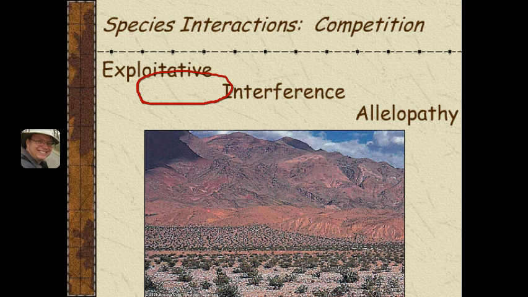But if one of them is better adapted, if one of them is more efficient, if one of them is better at using the resources than the other, then we say that that one species, the one that's better, can exploit the niche better than its competitor, and whichever species can exploit the niche better, more efficiently, that's going to be the one that gets to stay. And the one that's not as efficient, that can't utilize the resources within that particular niche that they're competing for, if it can't cut it, it's going to have to go.